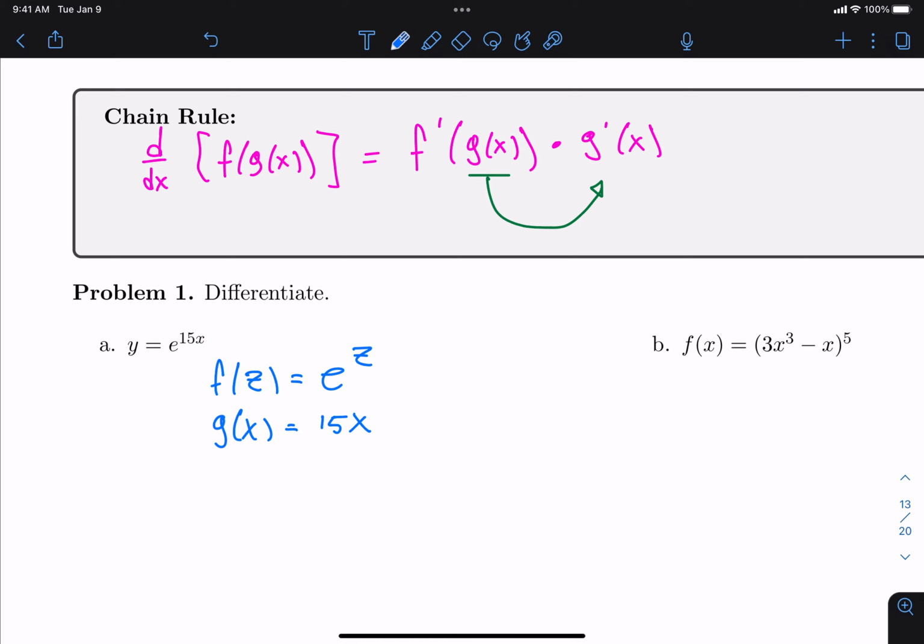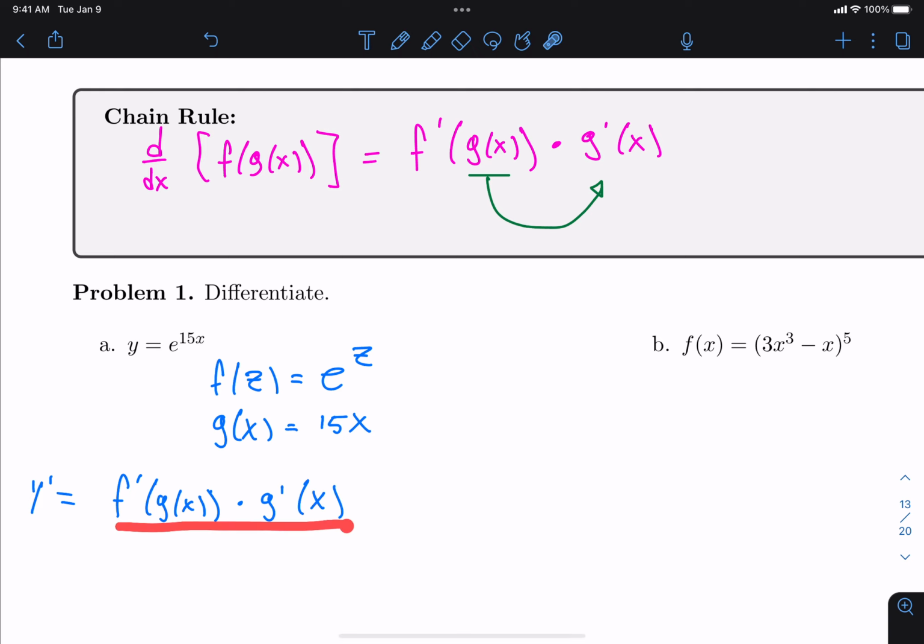So I know that the derivative is going to be given by f prime of g of x multiplied by g prime of x. To carry this out, I'm going to need 3 things. I need to know what is f prime, I need to know what is g, and I need to know what is g prime. I already know what is g, but I still need g prime and f prime. So let's figure out what those are. So f prime of z is just the derivative of e to the z, which is just e to the z.